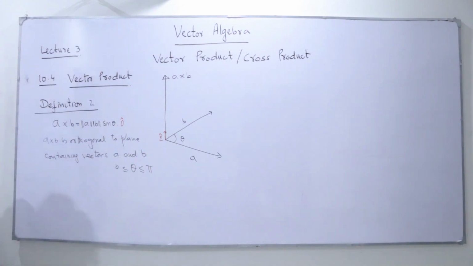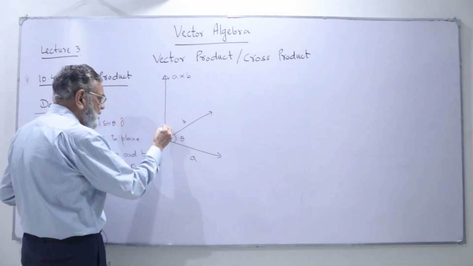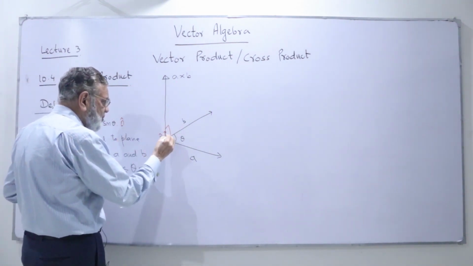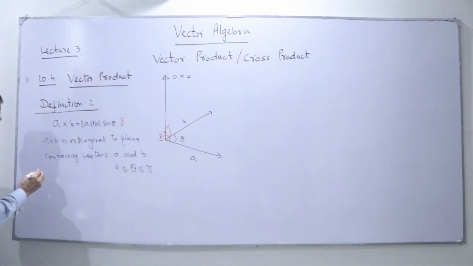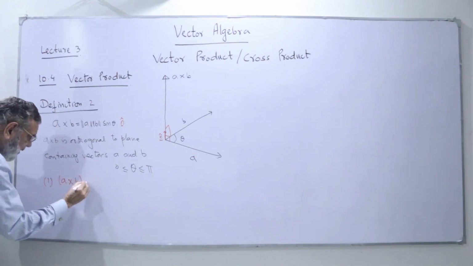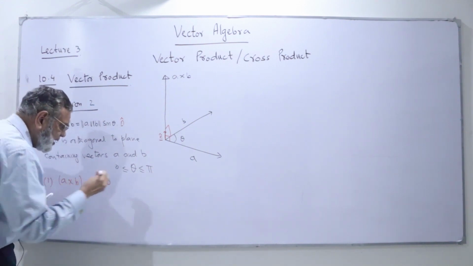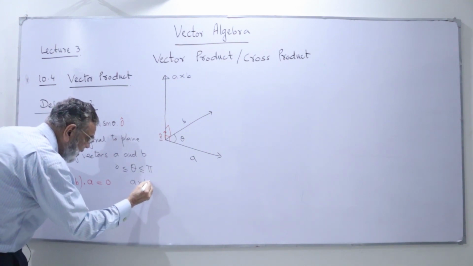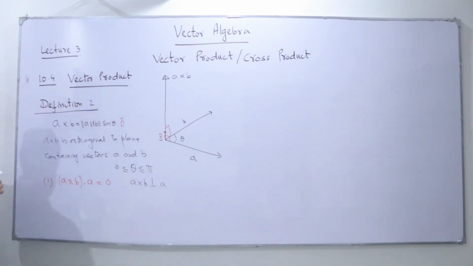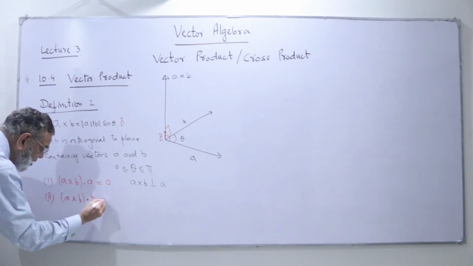Here we can see the conclusion, as we have already seen in the last definition, that they are orthogonal. This means A cross B is orthogonal to B, and A cross B is orthogonal to A. If they are orthogonal, then number one, A cross B dot A is equal to 0, so the result is that A cross B is orthogonal to A. And number two, A cross B dot B is equal to 0, the dot product.